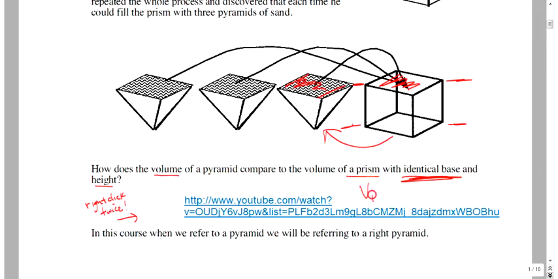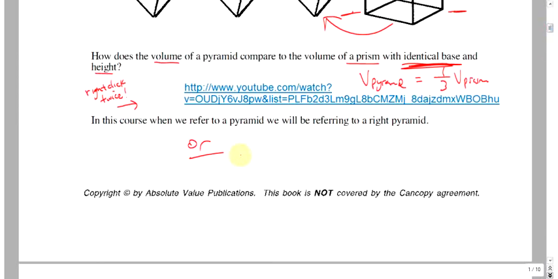The volume of a pyramid is 1/3 that of the volume of the prism. Or, said the other way around, the volume of a prism with the same height and the same base is 3 times the volume of a pyramid.